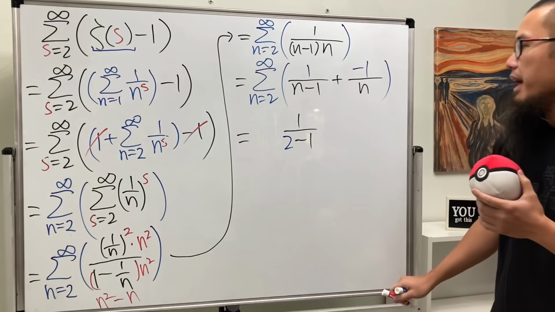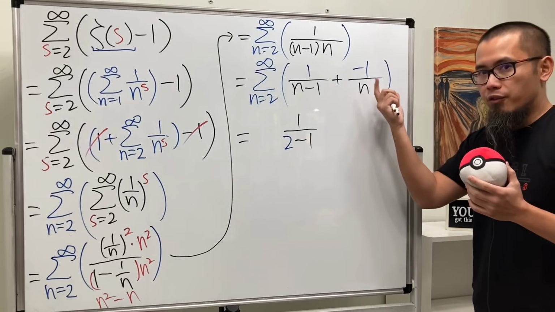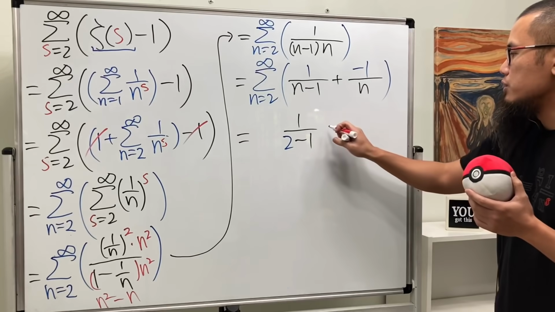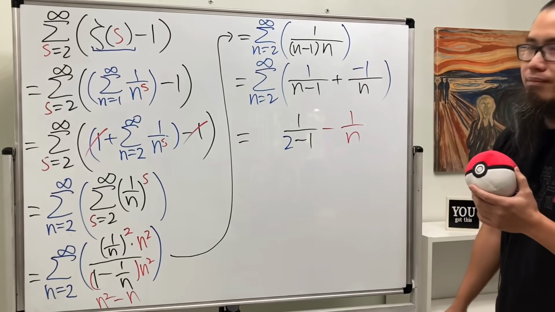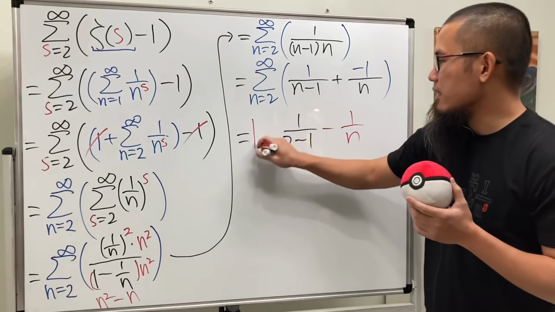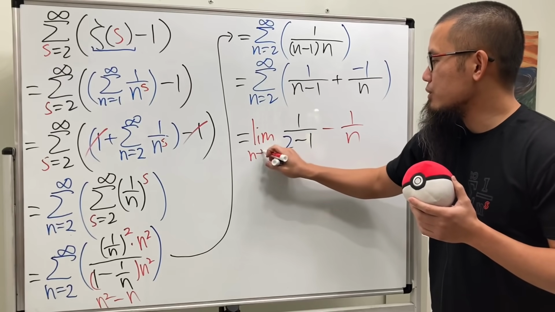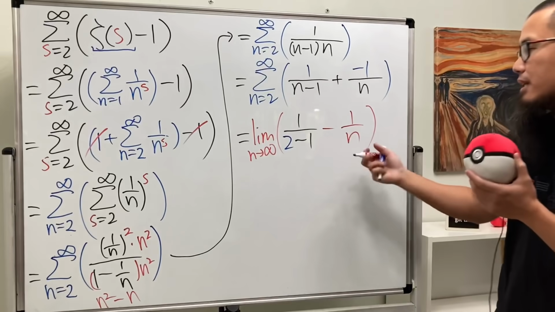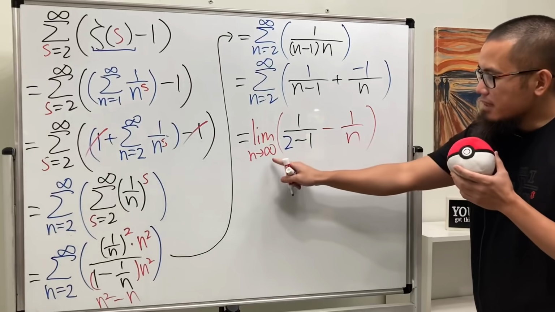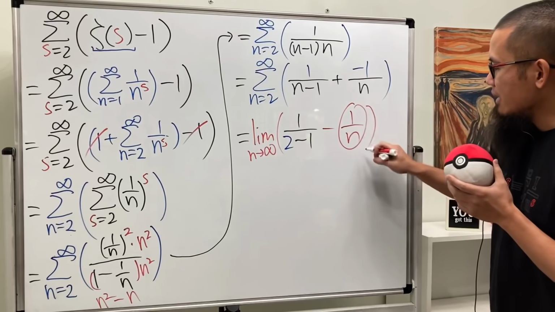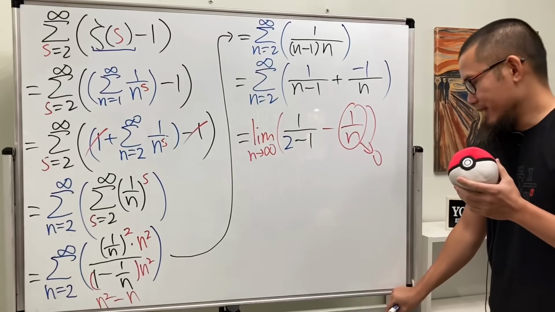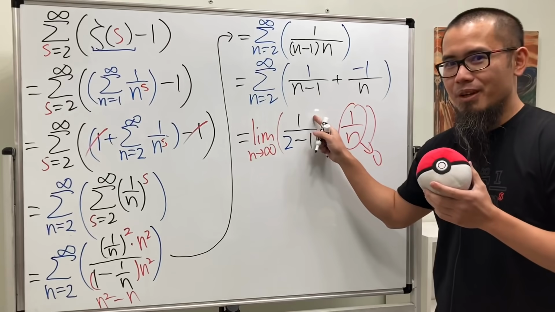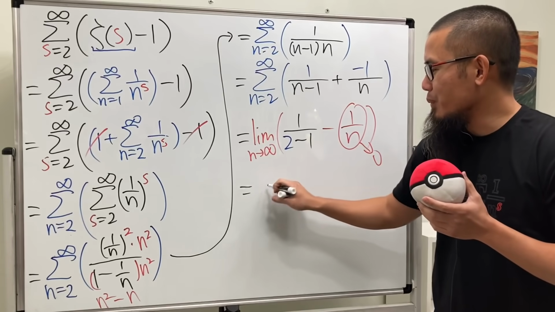Okay? And then we also need to have 1 term from here, and it's just minus 1 over n. And we just have to take the limit as n goes to infinity of that. That's all. As n goes to infinity, this guy goes to 0. And ladies and gentlemen, all in all, we just get 1.